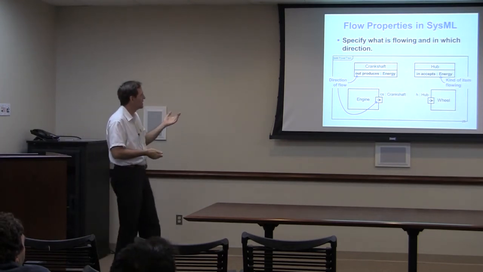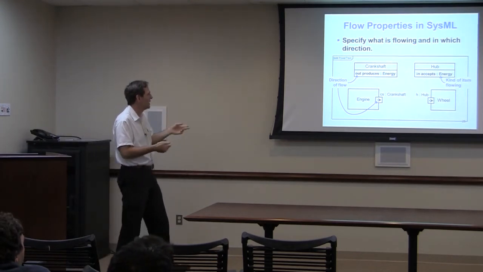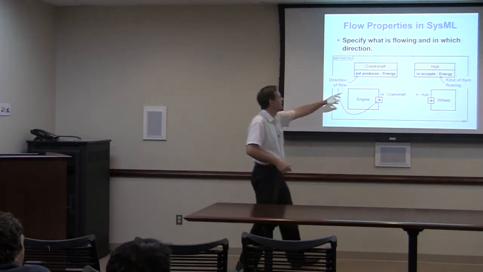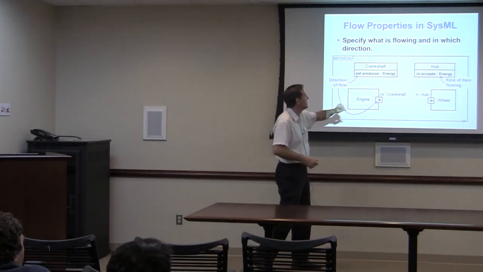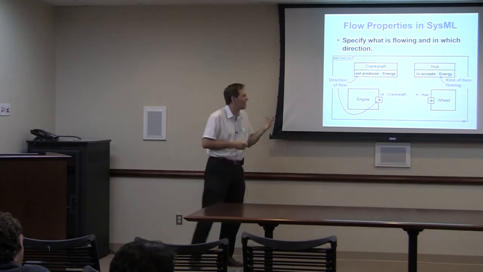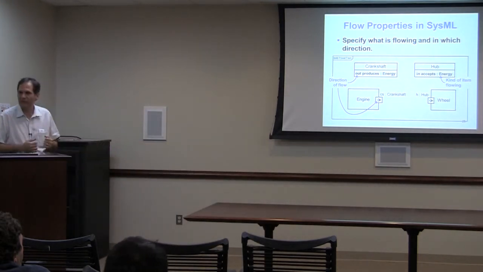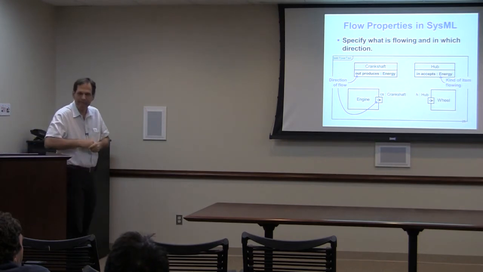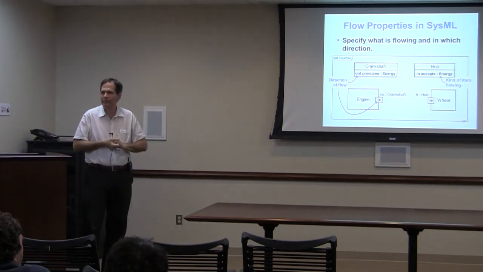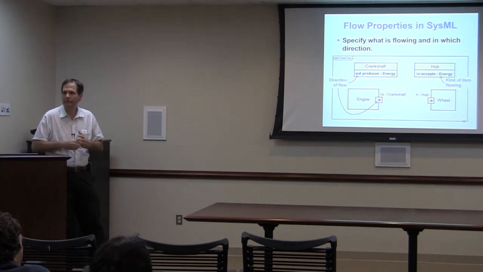So this is the way that SysML will tell you what's flowing, and then you can annotate with the direction, like this is in or out. This is how SysML represents the kind of thing flowing in that direction. Because we can think in terms of ports, but in terms of structure and behavior. Correct?